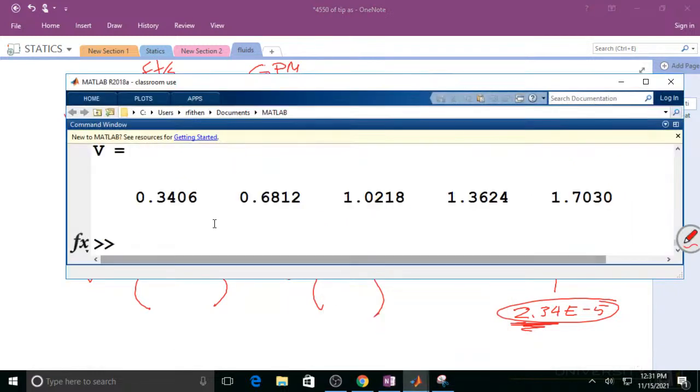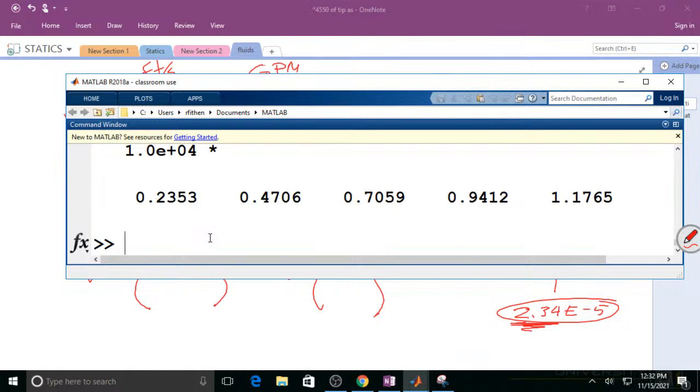So if I go into this, I can find the Reynolds number on all of these at once. Rho 1.94 times the velocity, which is a vector, times diameter is 1/12, divided by 2.34 e to the minus 5. So I get all these numbers.